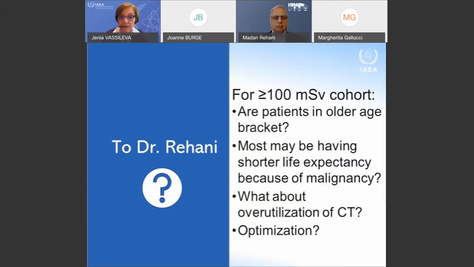And what about overutilization of CT, because this accounts for overuse of CT, and also what about optimization aspects? Can we improve these cumulative doses with proper optimization?